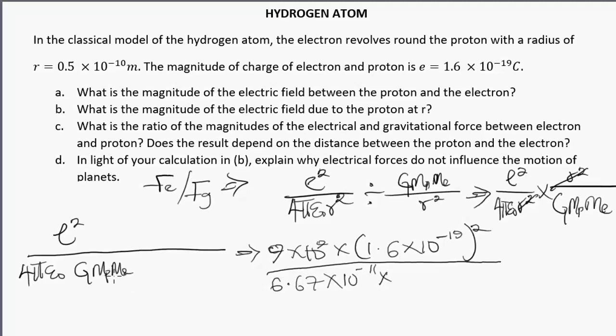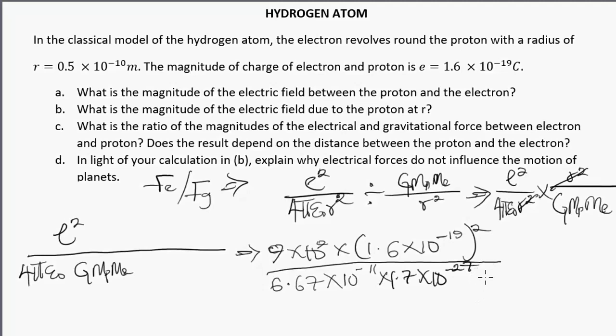Then we're going to multiply this by the mass of the proton, and the mass of proton is 1.7 times 10 to the power of minus 27.